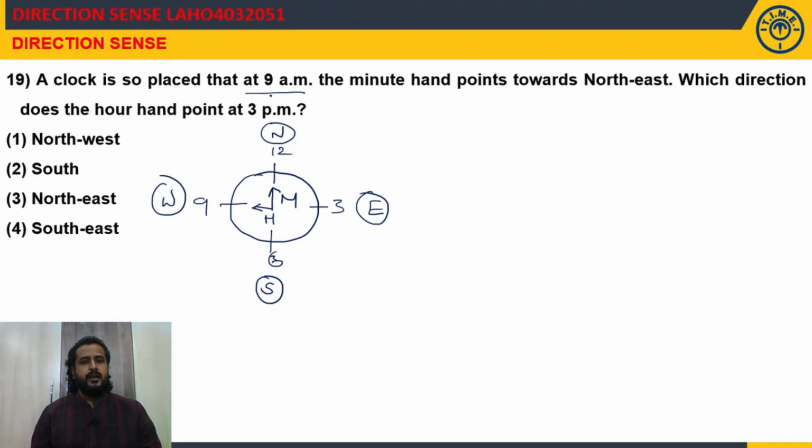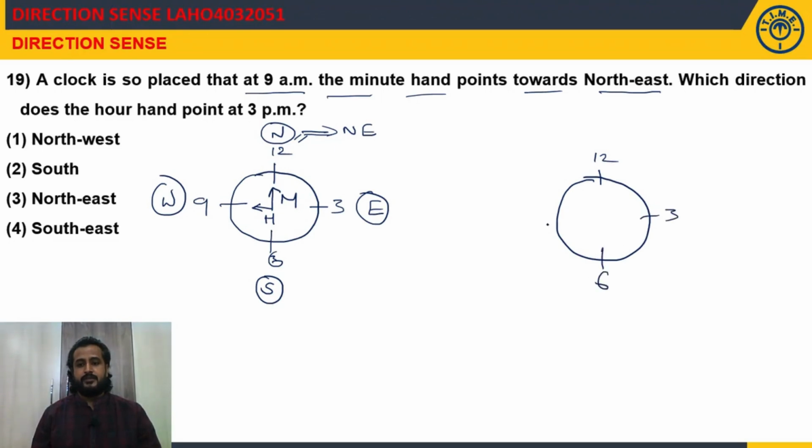What is given? A clock is so placed that at 9 a.m. the minute hand points towards northeast. Actually, minute hand is pointing towards north. But what they given this as? Northeast. Now change the directions. Now draw the clock again. So 12, 3, 6, 9.